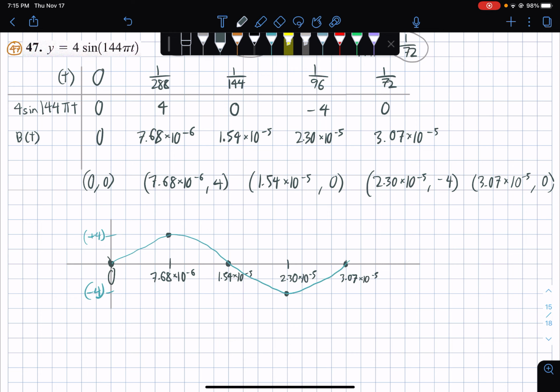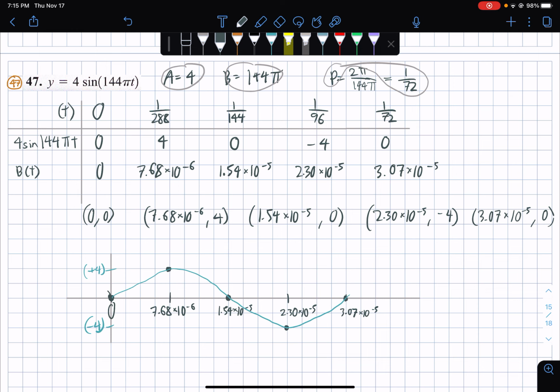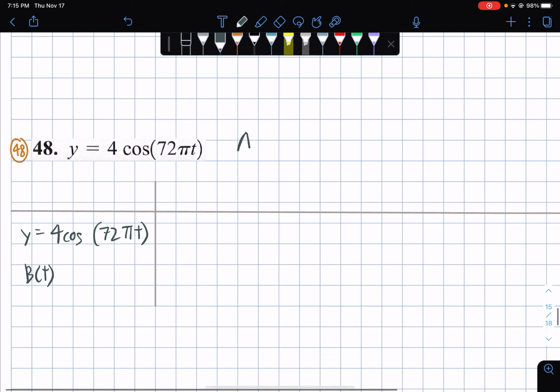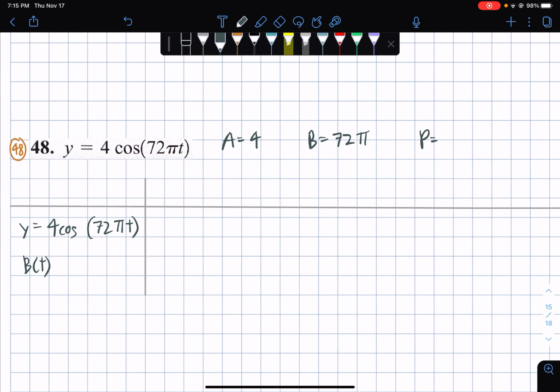Okay, that is basically number 47. Let's move to 48. The amplitude is 4. The b variable is 72 pi. The period is 2 pi over 72 pi, which is basically 1 over 36.